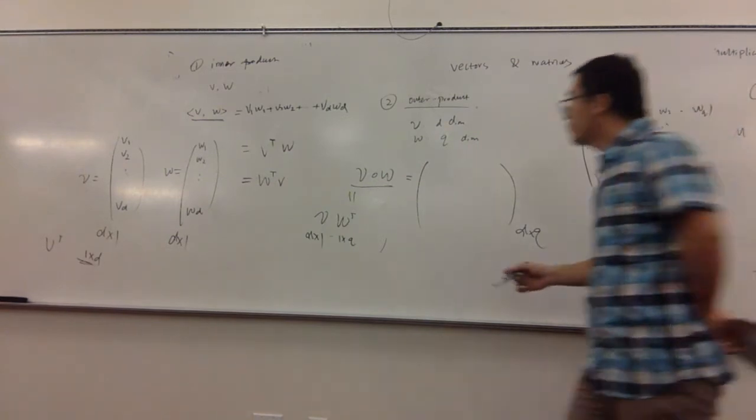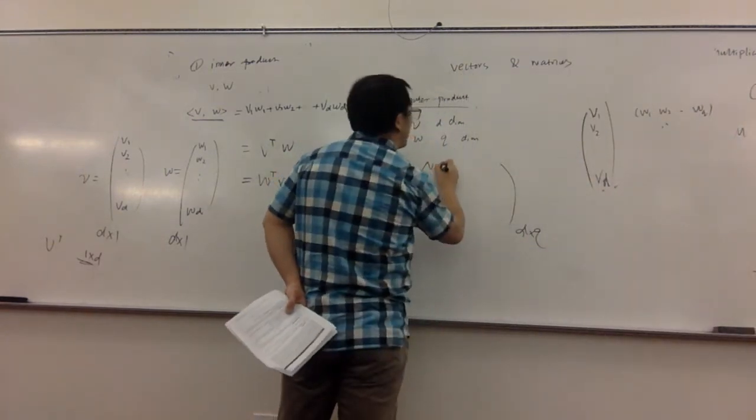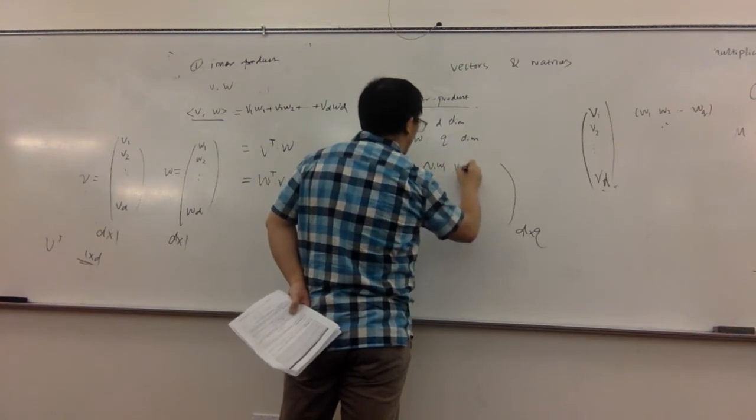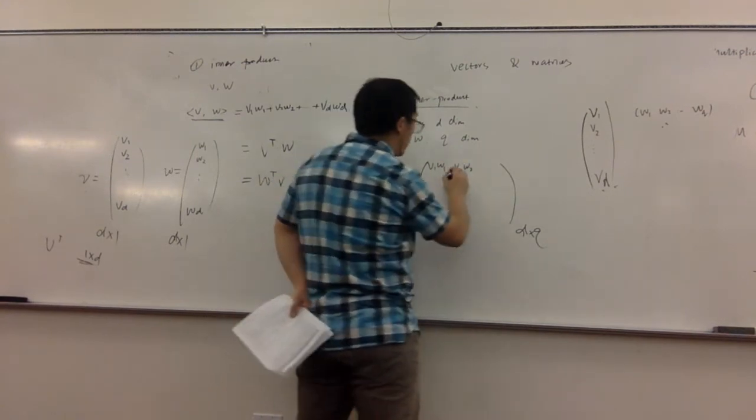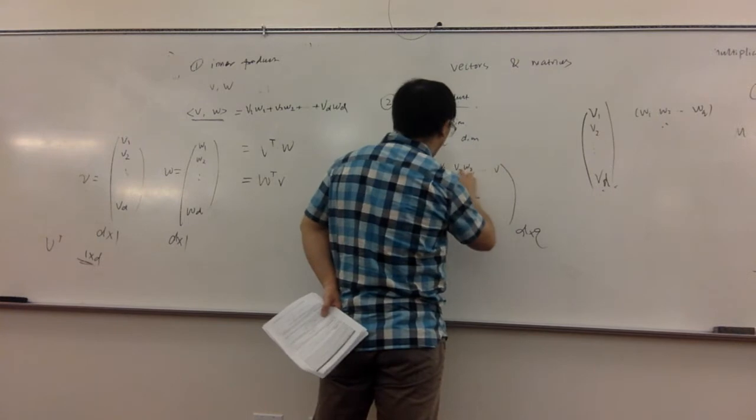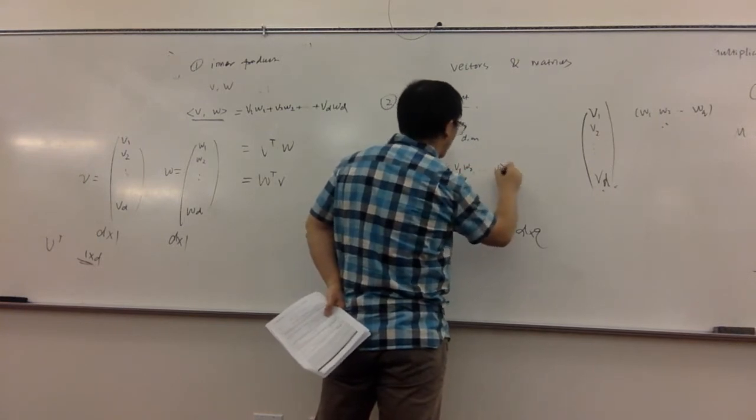So the first element will be V1 W1, and then, sorry, it's V1 W2, and V1 WQ.